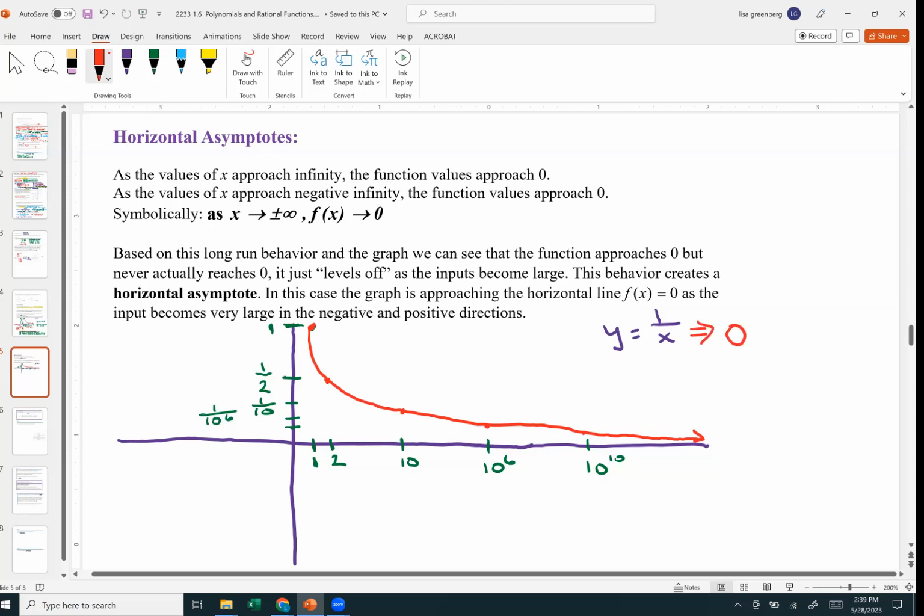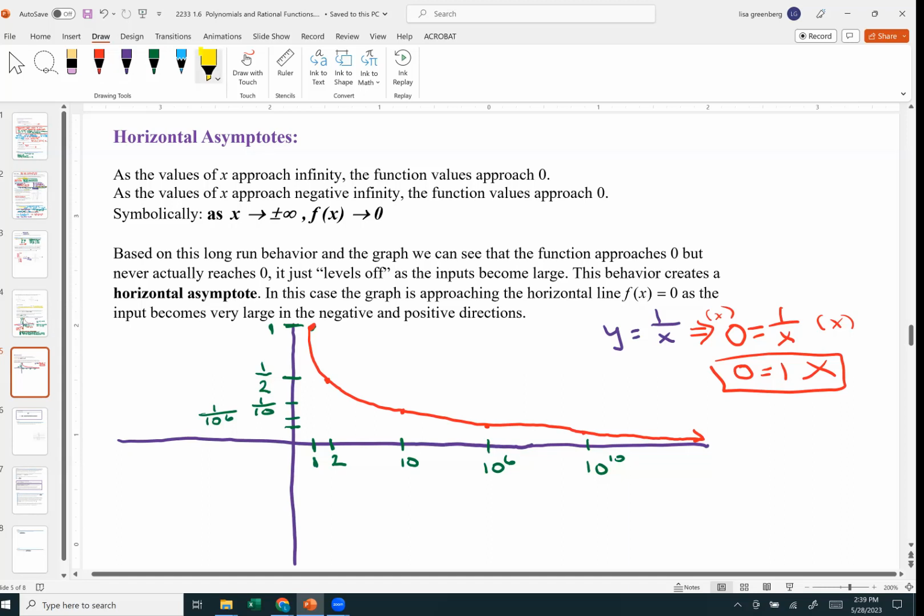If y equals 0, that's 1 over x. Well, we can multiply both sides by x. x times 0 is still 0. I get 0 equals 1. Obviously, no. We can never make y equal 0 by changing x. But notice we're getting closer and closer.